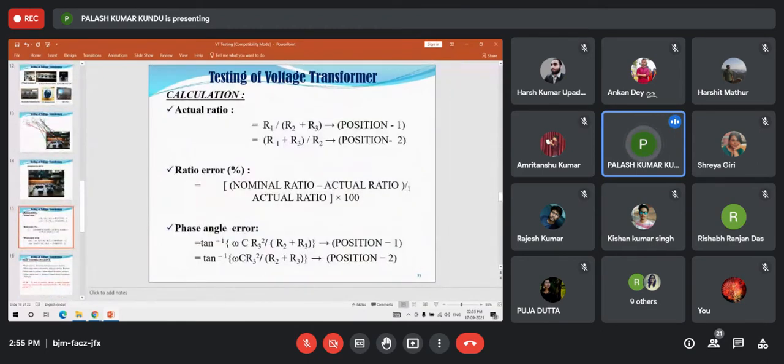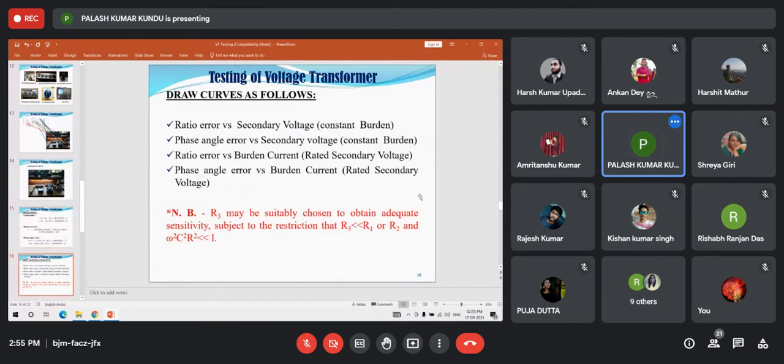So these are the formulas which you have to use in your calculation. The curves should be drawn: ratio error versus secondary voltage at constant burden, and phase angle error versus secondary voltage. The phase angle error and the ratio error will be along the y-axis, and the secondary voltage should be used as the x-axis.